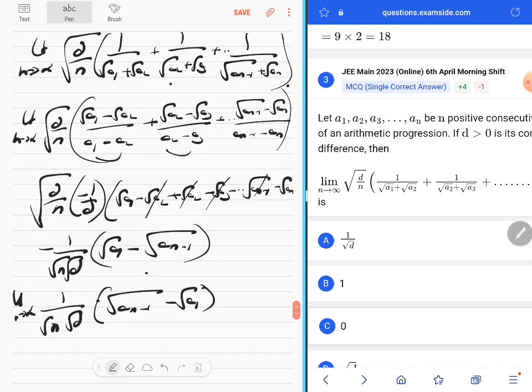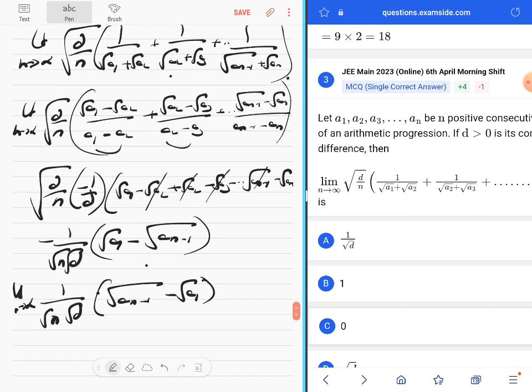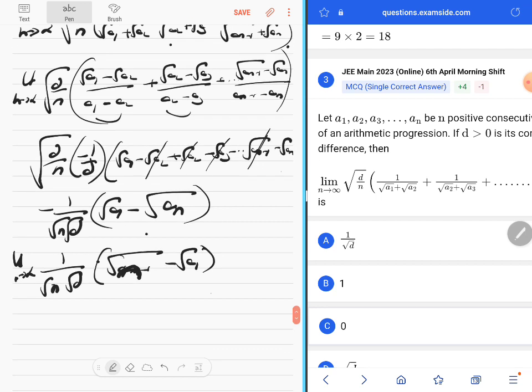Okay, so then what is, sorry, root of a1 minus root of an. Sorry guys, okay, because everything will get cancelled here. So root of an is nothing but 1 by root n into root d into root of an, which is a plus n minus 1 into d, minus root of a1.